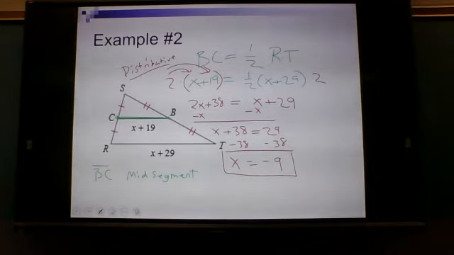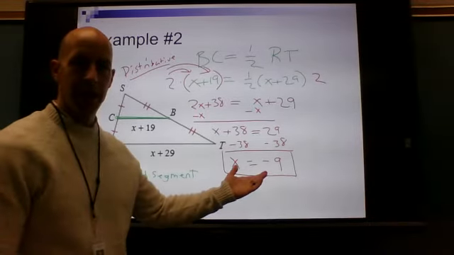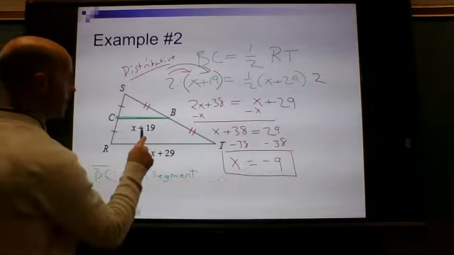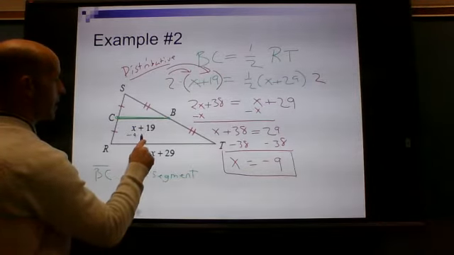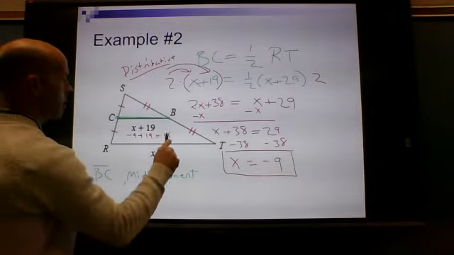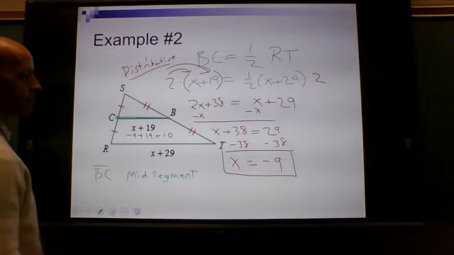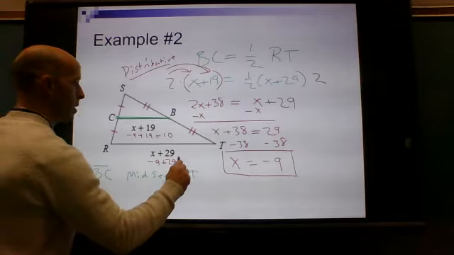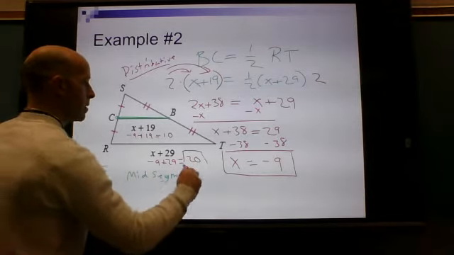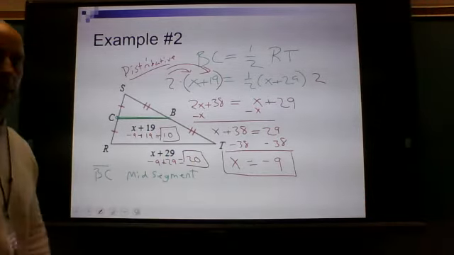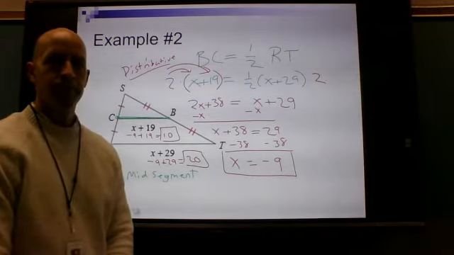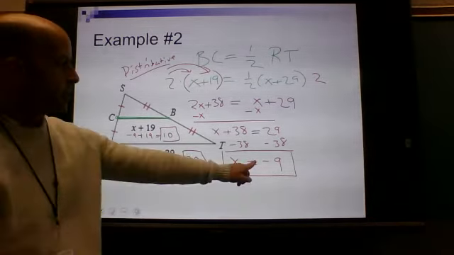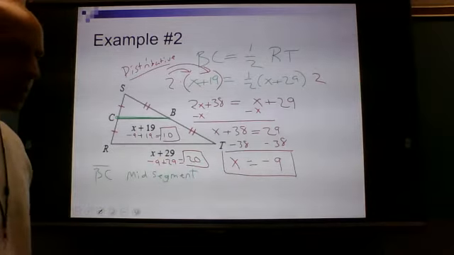Now that's interesting because it seems weird that x is negative 9. Wouldn't you agree? But let's plug negative 9 into here. If you plug negative 9 into here, you get 10. If you plug negative 9 into here, you get 20. Is 10 half of 20? It sure is. So it does make sense that x is equal to negative 9.